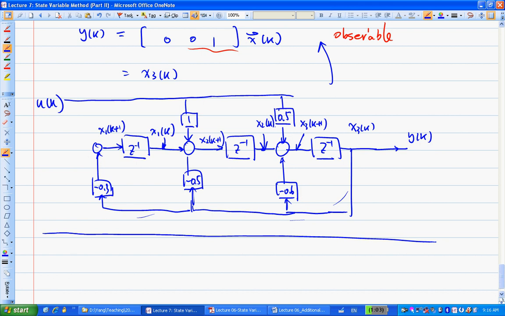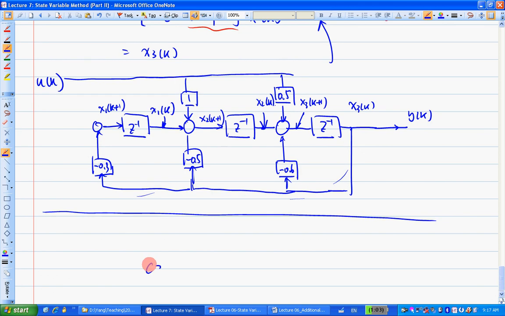So MATLAB has a command called C2D. You have a transfer function, and then you have some zero order hold like that. Just give me 1 second.